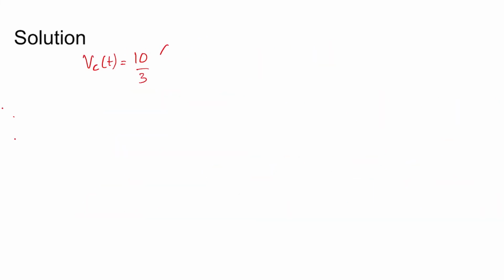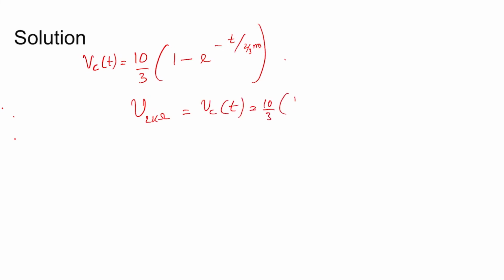This comes out to be Vc of t equal to 10 by 3 into 1 minus e to the power minus t by 2 by 3 milliseconds. Now in the problem, the voltage across the 2 kilo ohm resistor equals Vc of t, which is 10 by 3 into 1 minus e to the power minus t by 2 by 3 millisecond.